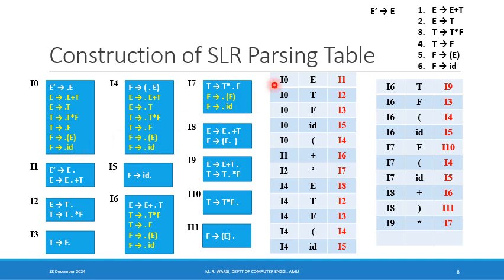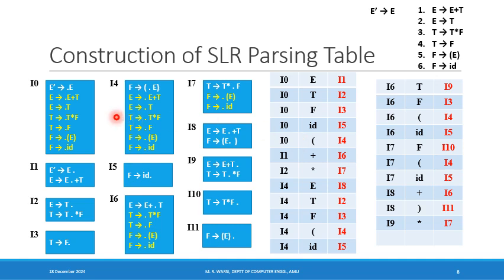Now in this part of the slide, I'm showing the transitions from the various states. From state number 0, I have a transition on capital E. From state number 0, I have transitions on capital T, capital F, identifier, and opening bracket.